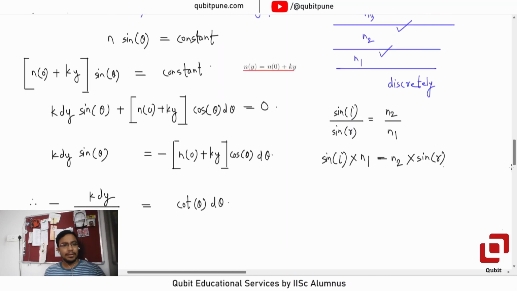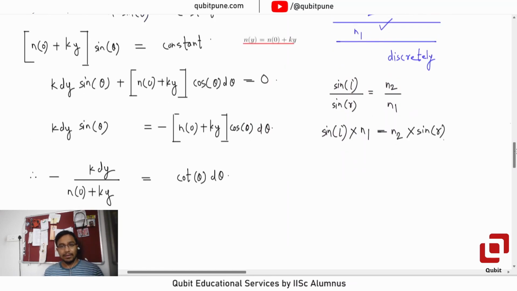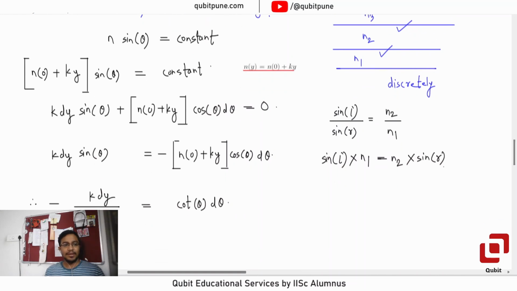Now look, in this particular derivation, what is theta? Theta refers to the angle of incidence or angle of refraction. Correct?